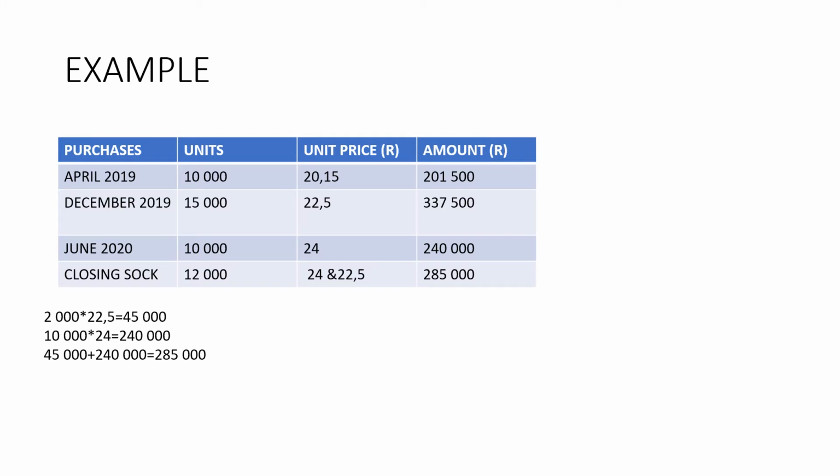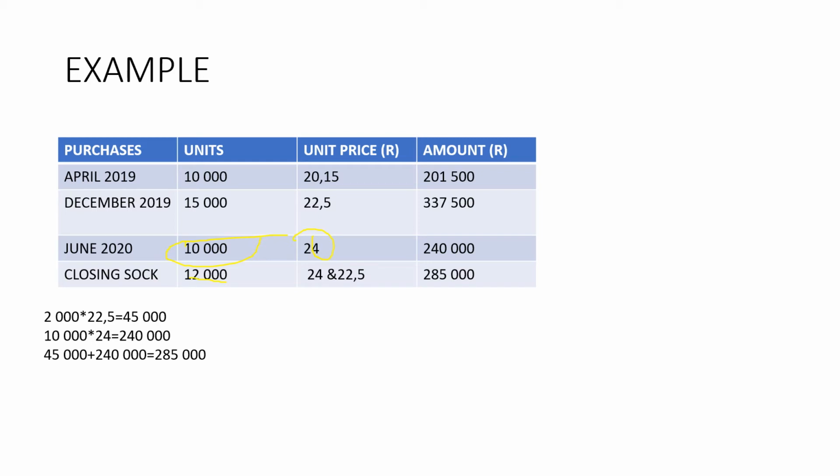So the unit price for this closing stock is obviously the 24 rand here, because we still have 10,000 units left from that purchase, but that is not enough. The closing stock is 12,000 units. So where do the other 2,000 come from?